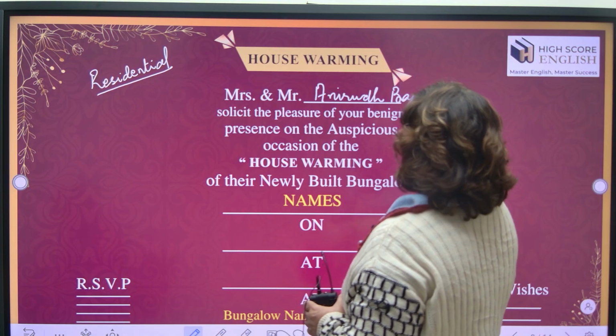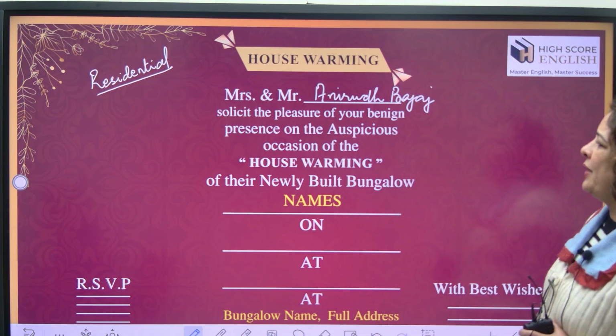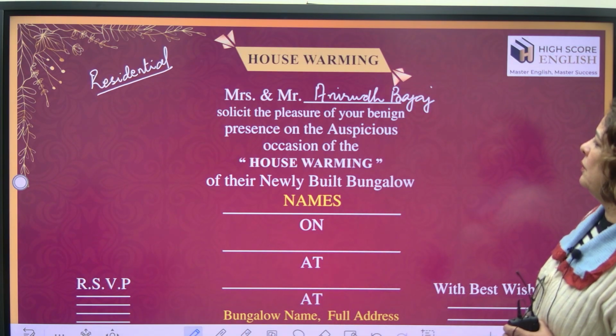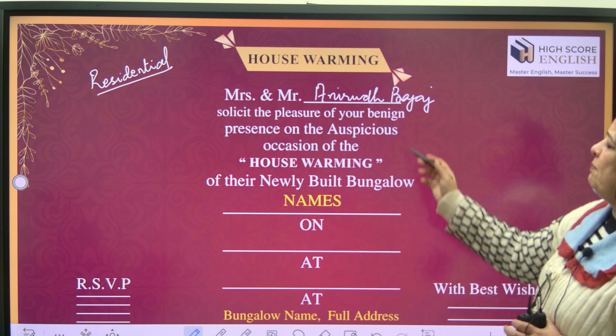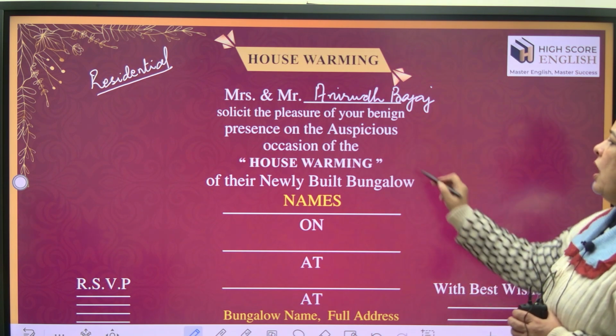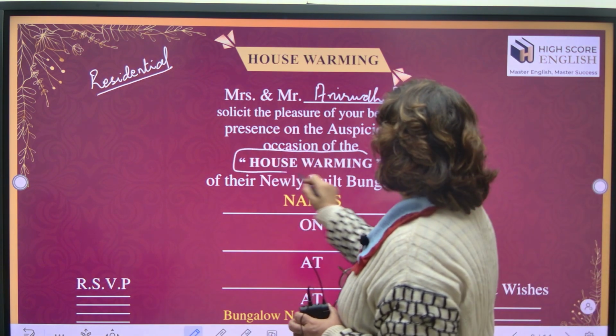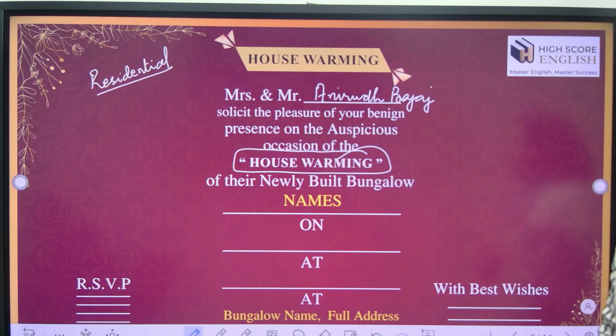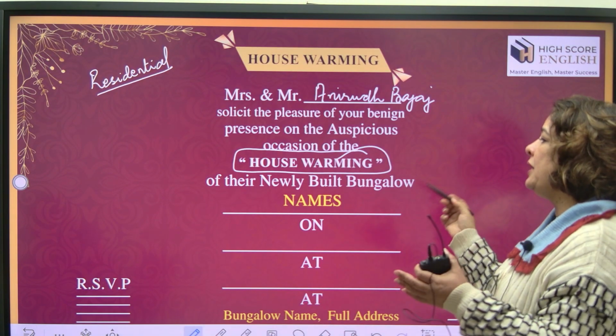Solicit the pleasure of your benign presence on the auspicious occasion of the housewarming. This is what I told you. You have to write about the housewarming of their newly built bungalow.